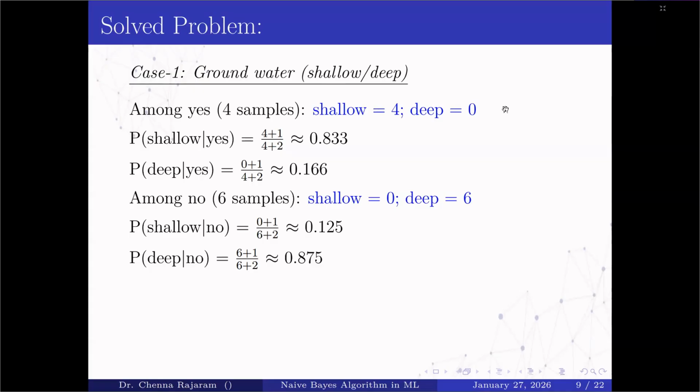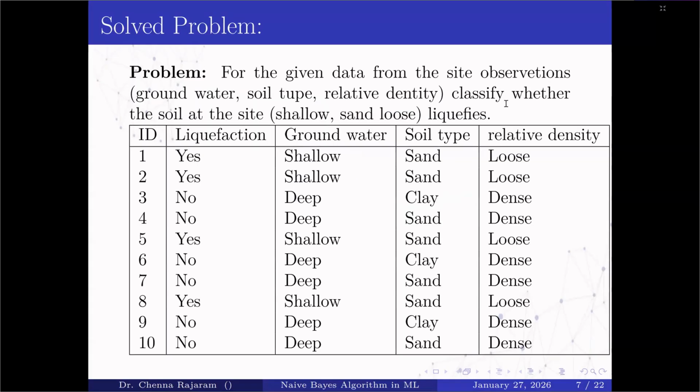Now if you go to the tabular column, what is the classification for the yes category? For yes, you see shallow, and yes, shallow. Here also shallow. Here also shallow. So that means for the classification of deep, the liquefaction status is equal to no.